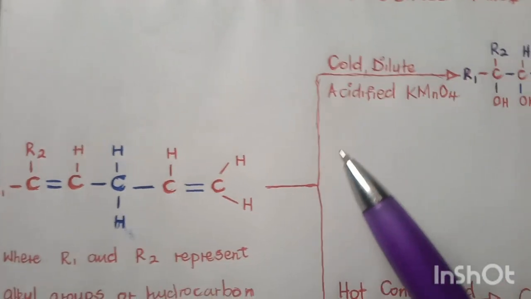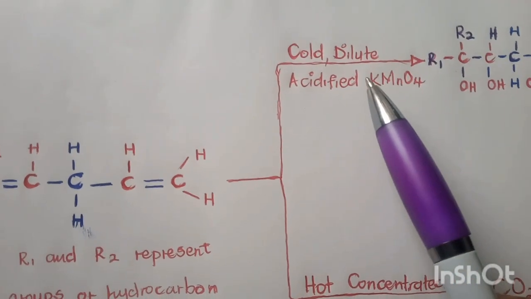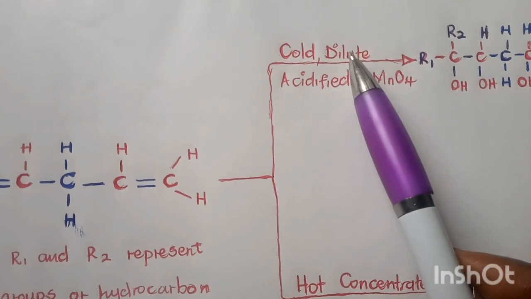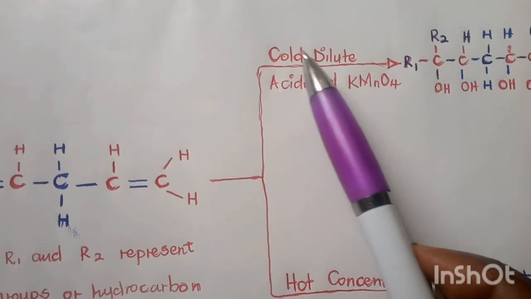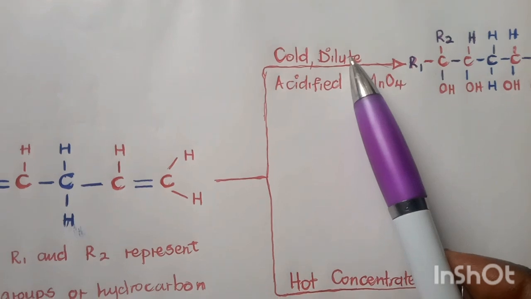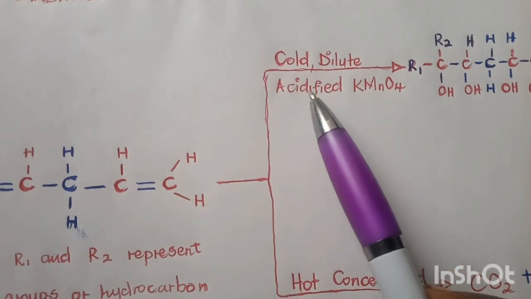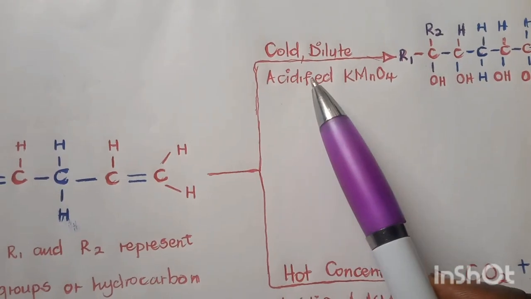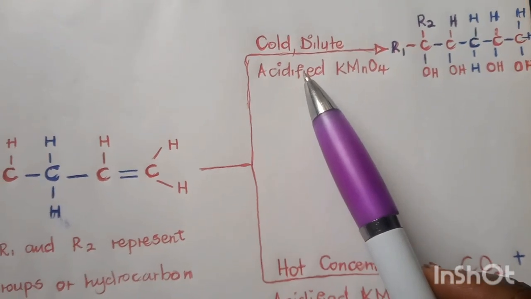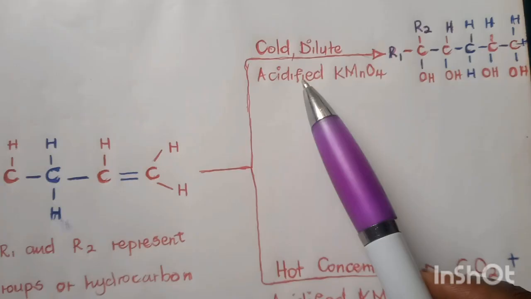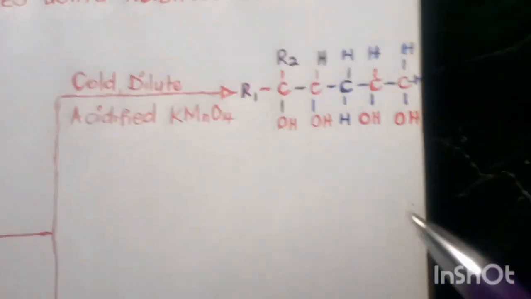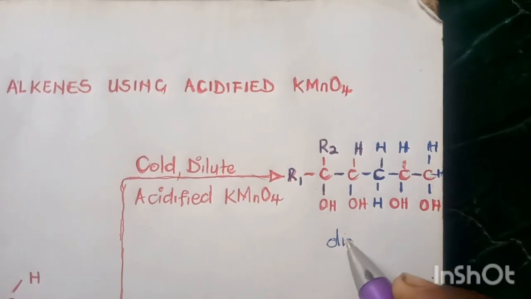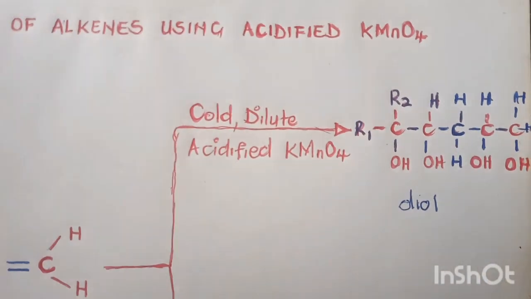And if we were to use cold dilute acidified potassium manganate, take note of this, cold and dilute, this will produce an organic compound that is known as a diol. Let me just write the word diol here. It produces a diol.